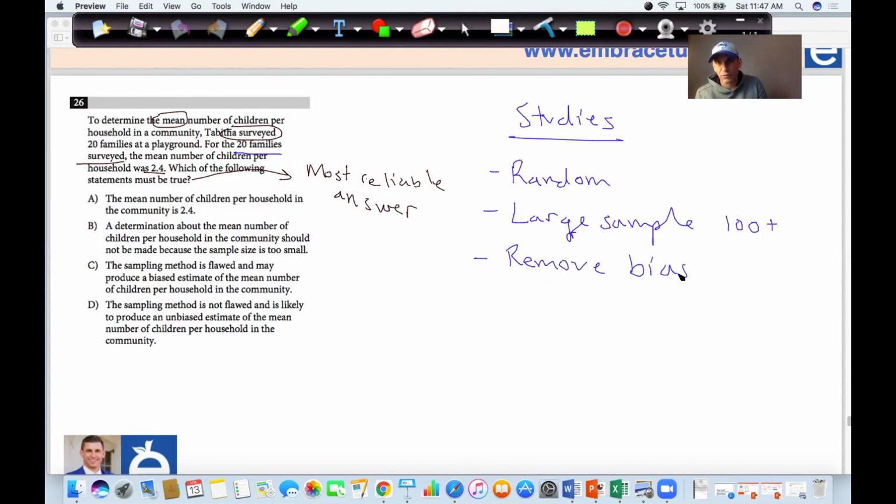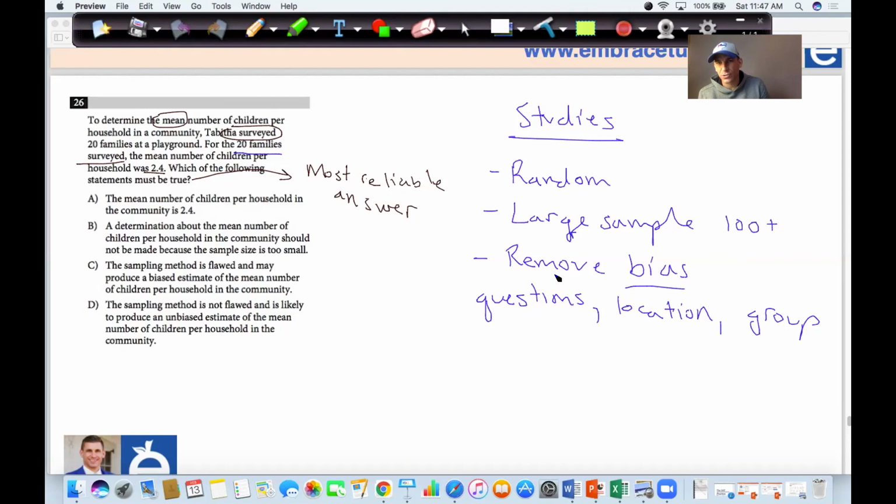The most popular forms of bias are the question types, the location, which they try to sneak in there, and the group that is being asked. And I'll give you a perfect example. Obviously, you can see that I'm wearing a Sixers hat. Yay, go Sixers, right?